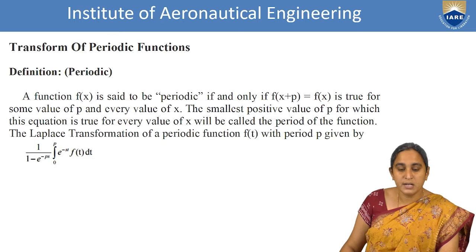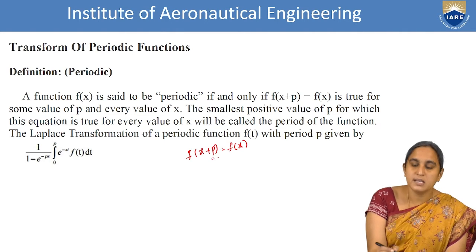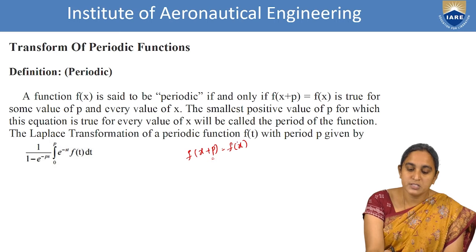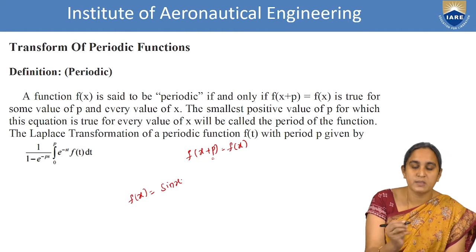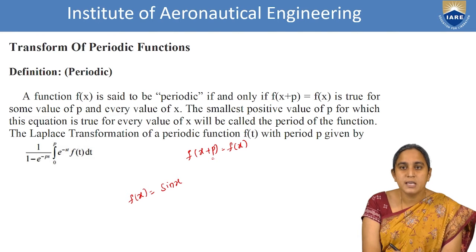Once again I'll repeat, what is periodic? Periodic means f of x plus p is equal to f of x. If you take any value of p, for example the function f of x is equal to sin x, and we substitute the period p and get the same function f of x, that is called the periodic function.